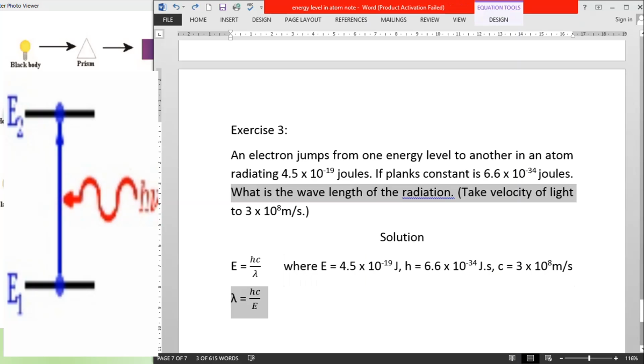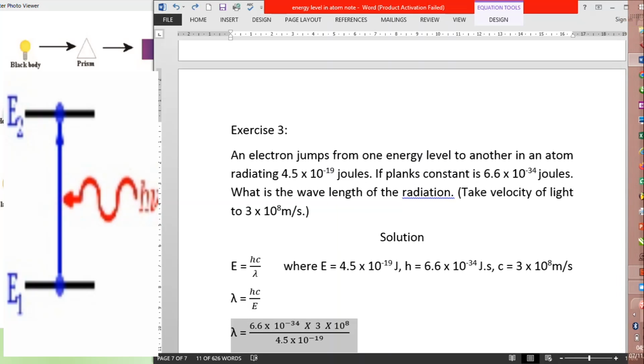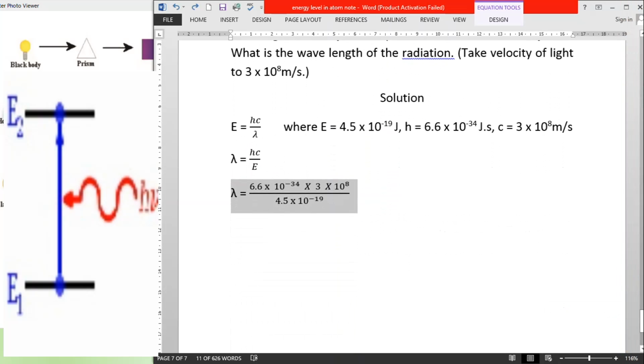Making lambda the subject of the formula in this case, we have lambda equals hc over E. Or you can calculate with this formula, and at the end of the day, you make the subject, or you can also make the subject before calculation, whichever way you are good at. So we are going to have lambda equals 6.6 times 10 raised to the power minus 34 times 3 times 10 raised to the power 8.